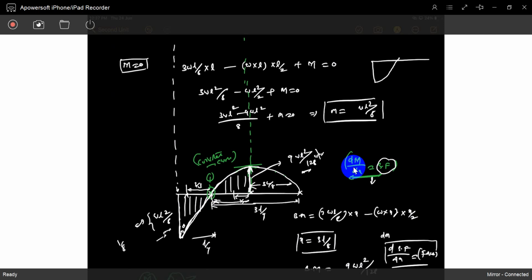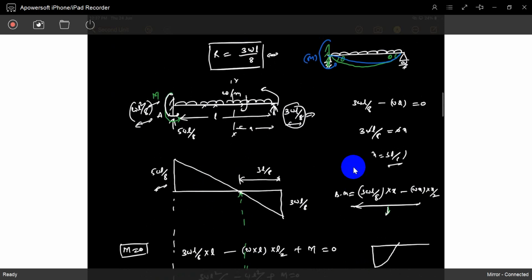So I want to find out the deflection at this location, 3L by 8, and also the rotation at this location. That is your assignment.